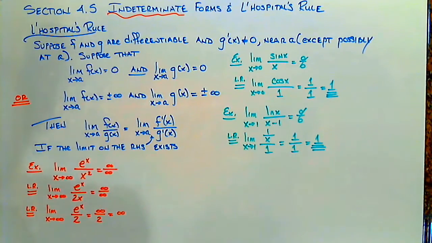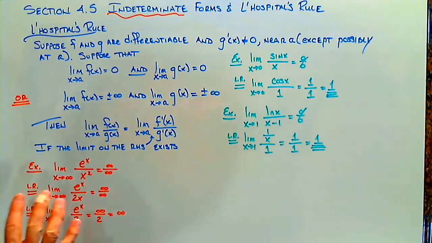All right. So this is how we address direct applications of L'Hopital's rule. Problems where we have a 0 divided by 0 or an infinity divided by infinity. Now don't forget, you can use L'Hopital's rule more than once.